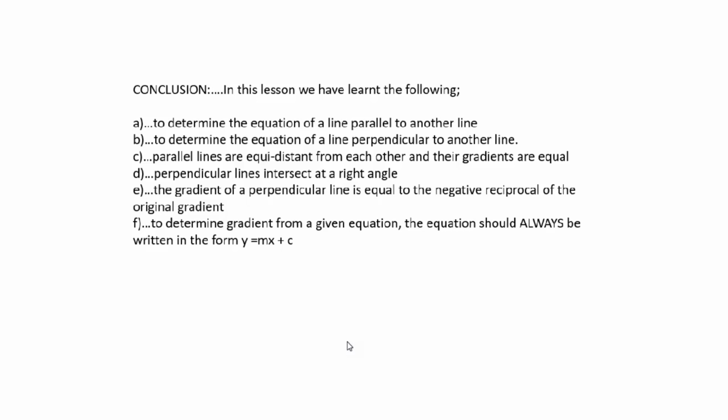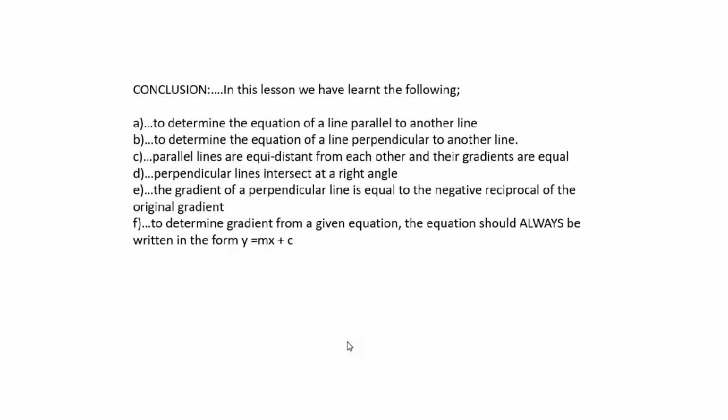In concluding this lesson, we have learned the following things. We have learned to determine the equation of a line which is parallel to another line. We also were able to determine the equation of a line perpendicular to another line.